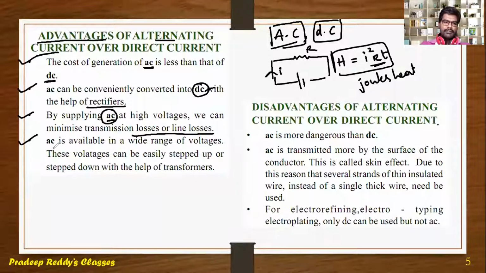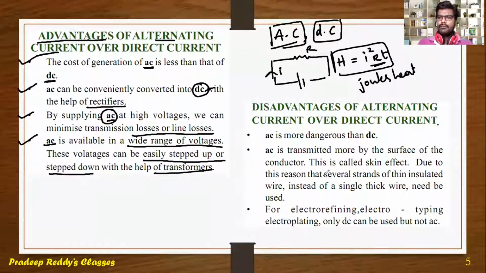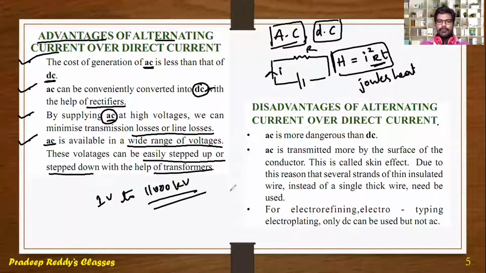The fourth advantage is that AC is available in wide ranges of voltage. These voltages can be easily stepped up or stepped down with the help of transformers. You can produce from 1 volt to 11,000 kilovolt, even 44,000 kilovolt is produced.